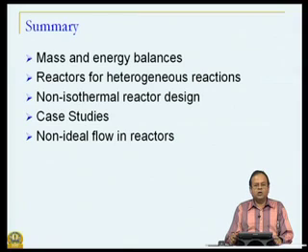We then spent a little bit of time writing the mass balance as well as the energy balance for heterogeneous reactions. We talked mainly about gas solid catalytic reactions here. The idea is, firstly we recognize that not the entire volume of the reactor is available for the transport in the bulk.